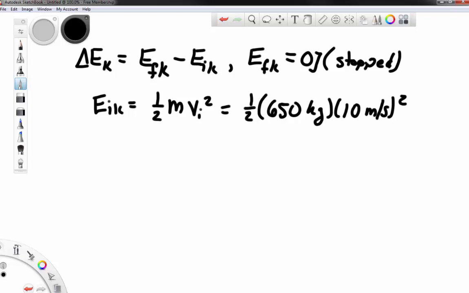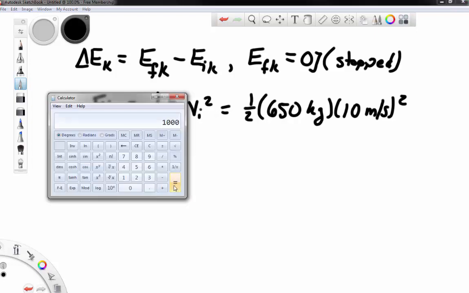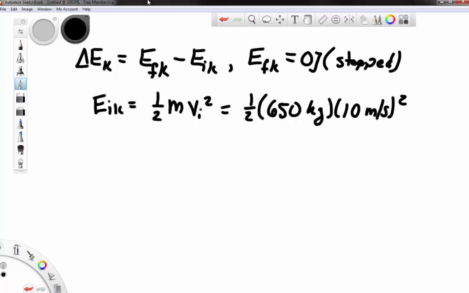Plug all these into your calculator, or just remember that we just found this. It's 32,500. But in case you don't believe me, let's plug these numbers in: 650 times 10 times 10. So our initial kinetic energy was 32,500.